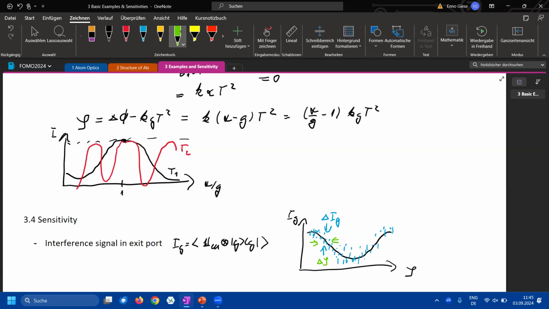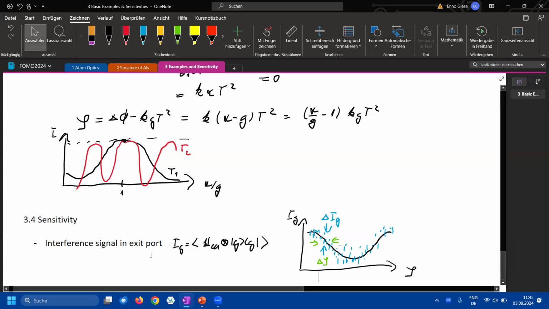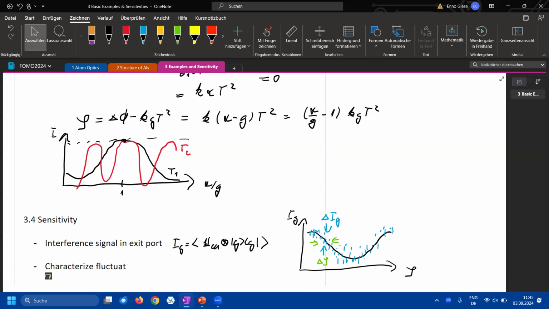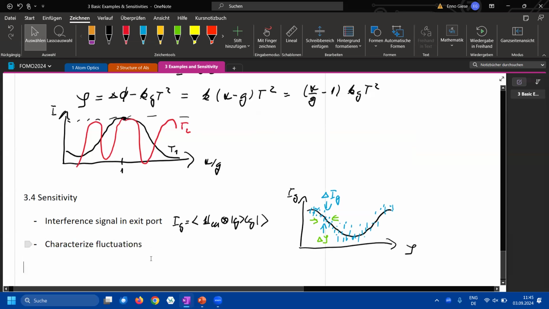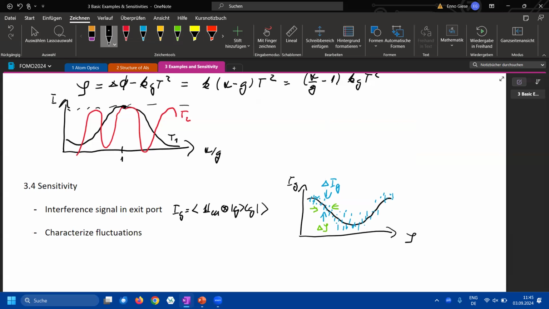I showed this experimental data to you, and I will do that later at the end of this lecture as well. Now, I want to infer this phase uncertainty and the fundamental phase uncertainty. So let's characterize those fluctuations of our intensity in that exit port.